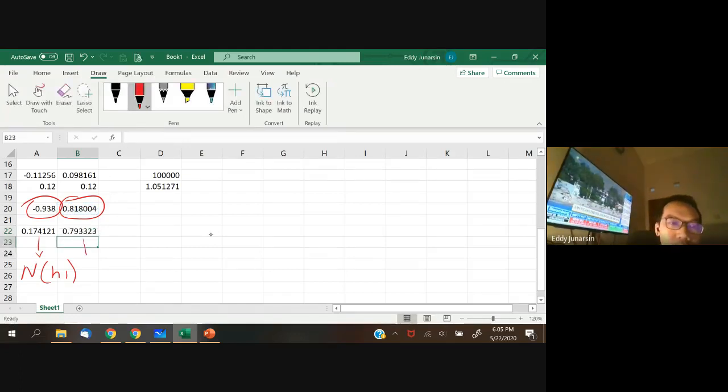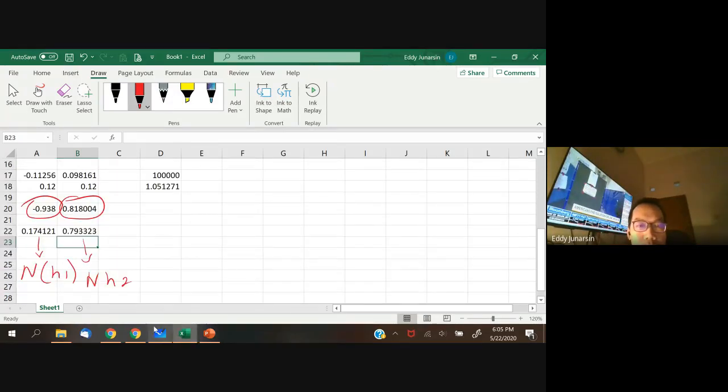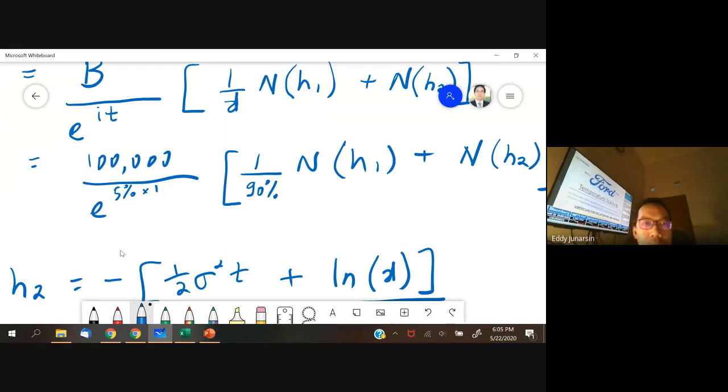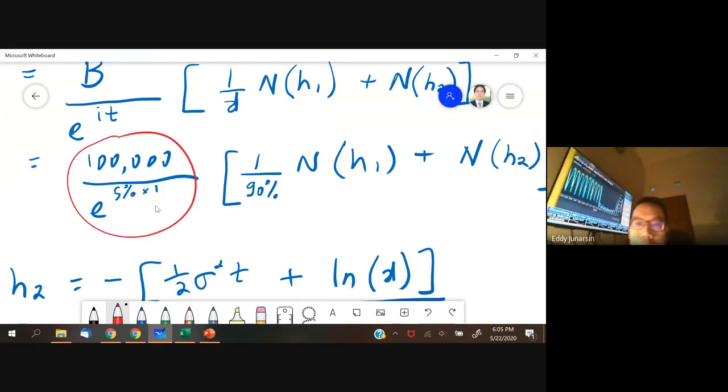Yeah, so we get this. So go back to our formula. After this one, we multiply by 1 divided by the debt ratio times the normal distribution value of H1 plus the normal distribution value of H2.